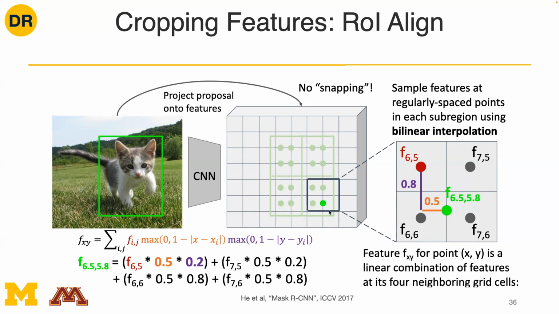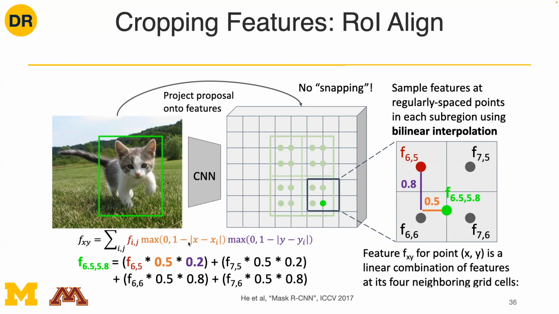Correspondingly, we scale the contribution of f65's vector based on those distances. The 1 minus within these two equations ensures that feature points that are closer are weighted more highly. That's all the 1 minus is doing. The max is just to make sure that we never have a negative scalar. That's why we have the max operation.